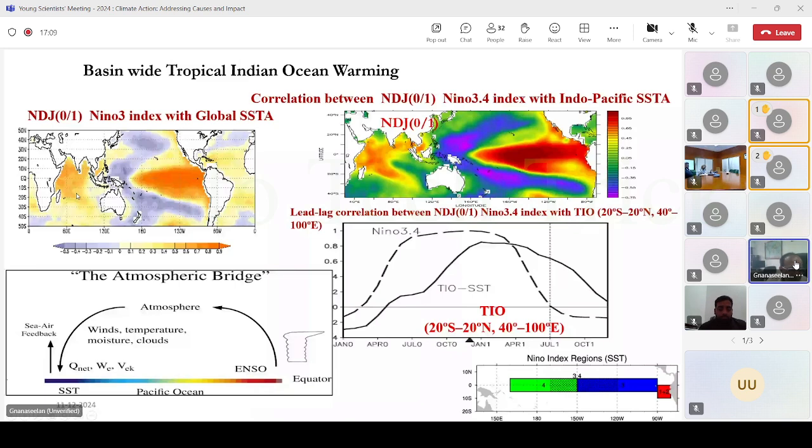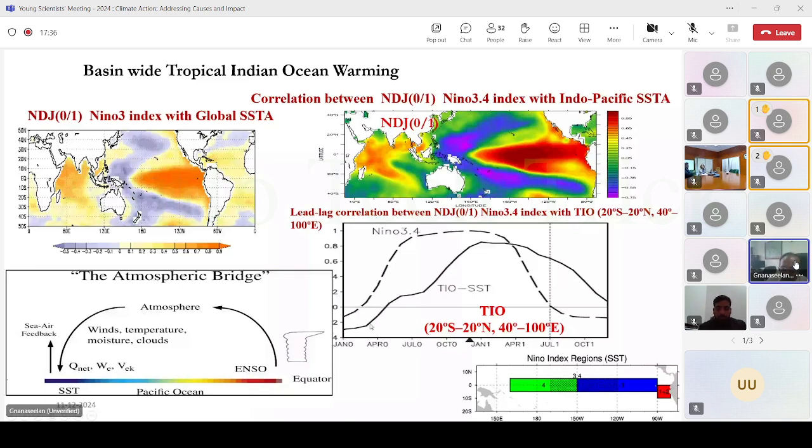Similarly, during a La Nina phase, you will see basin-wide cooling. And what is important is, if you look at the ENSO El Nino evolution, it evolves about a year back, and it persists for a long time. And this is the next year. By April, they decay. But in the Indian Ocean, this is the simultaneous tropical Indian Ocean SST.